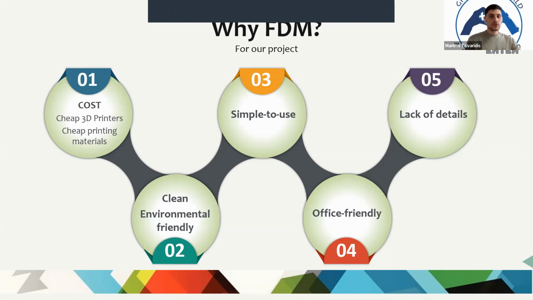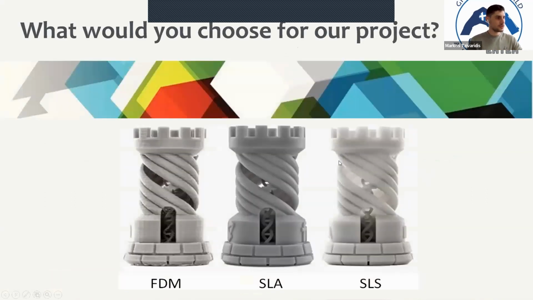Thank you too. So since we started talking about some disadvantages, let's also talk about the disadvantage of FDM technology. The problem here is that we have poor details, as you can see on the previous slide. Let me show you.